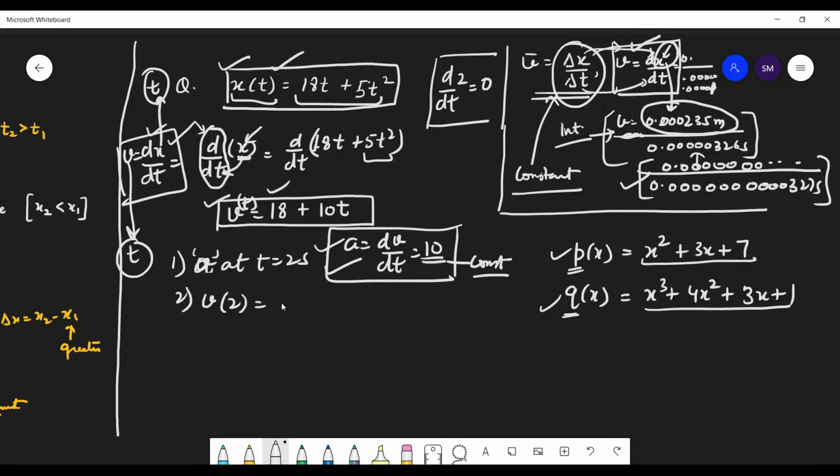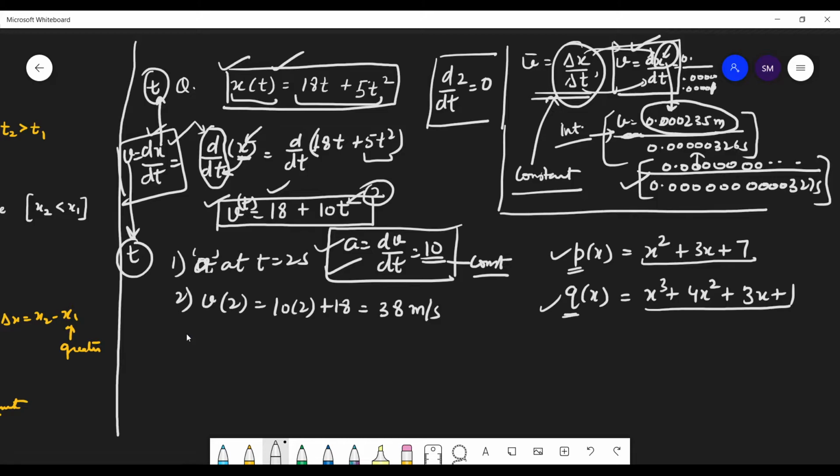Simply put t equals 2 in the velocity. What do you get? 10 into 2 plus 18. Yes, Naman, 38 meter per second. Absolutely.